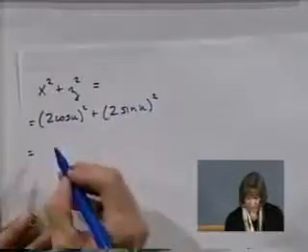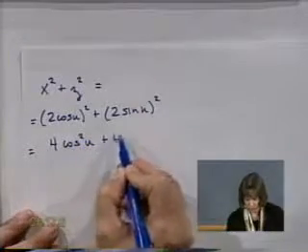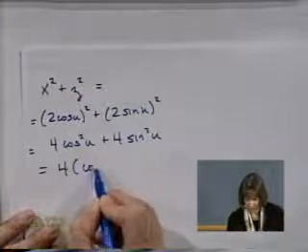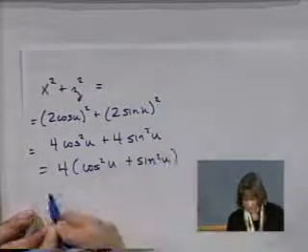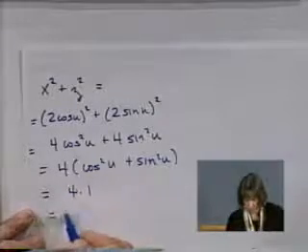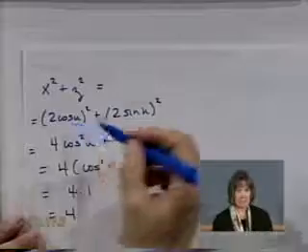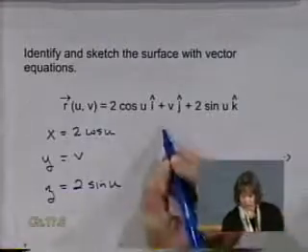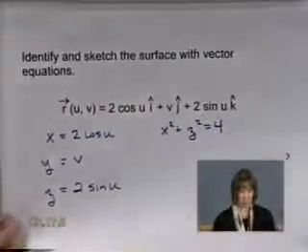So I have x squared plus z squared is 4 cosine squared u plus 4 sine squared u. I could factor out the 4, and I get 4 times 1, which is 4. So my x and z coordinates satisfy the equation x squared plus z squared is 4.